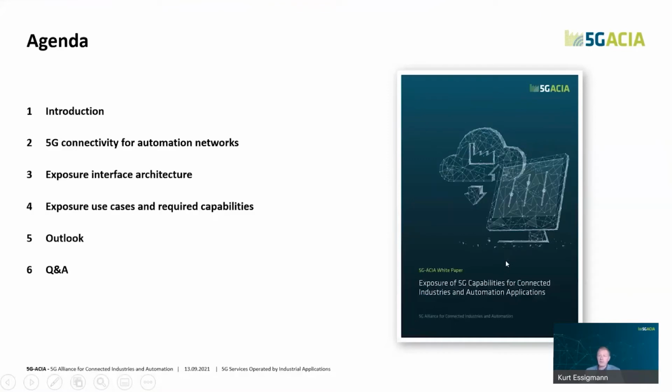So we will use roughly this agenda in this webinar, and of course, in the end, you can ask your questions. We will give a bit of an introduction. We will see then how 5G connectivity for automation networks will look in reality, how the exposure interface architecture is expected to be done. We will look at the detailed use cases and, of course, give you an outlook as well.